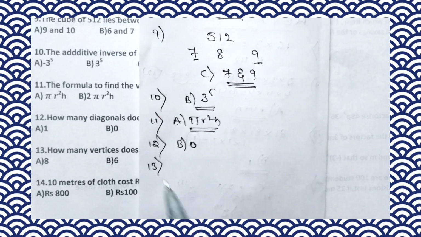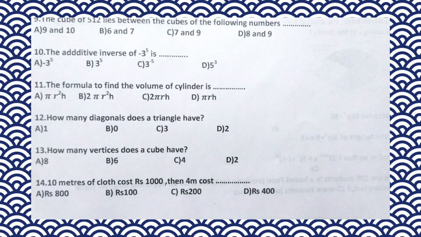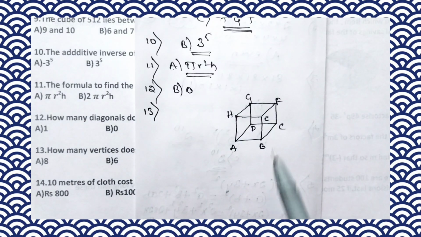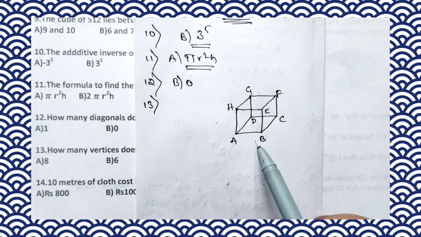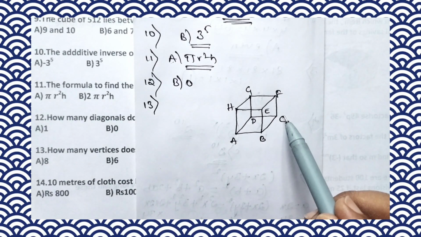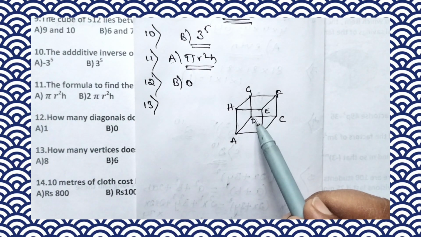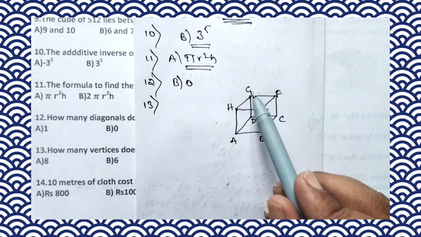Next, coming to the 13th question. How many vertices does a cube have? They are asking how many vertices a cube has. So let us find out. Count how many alphabets are there: 1 A, 1 2 3 4, 5 6 7 8.